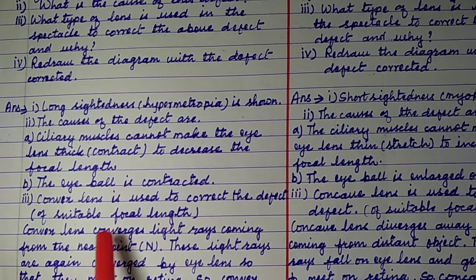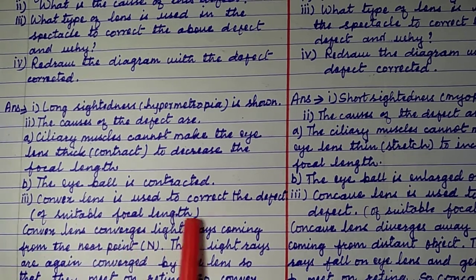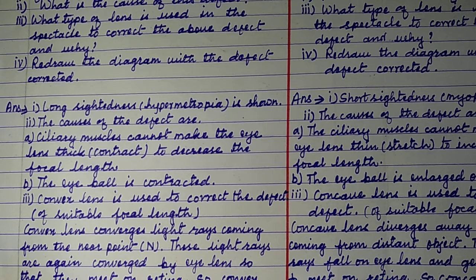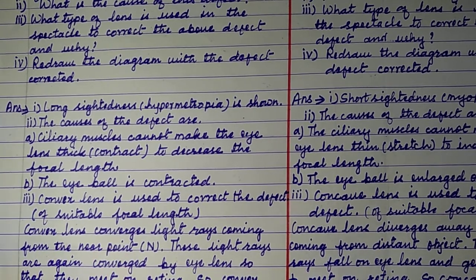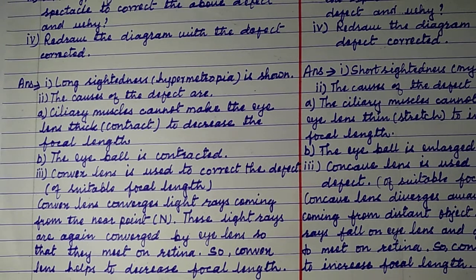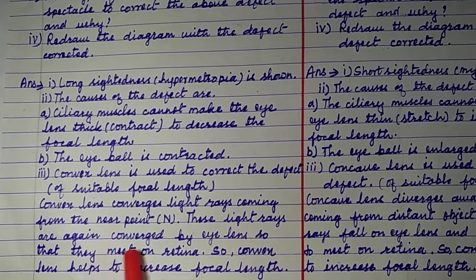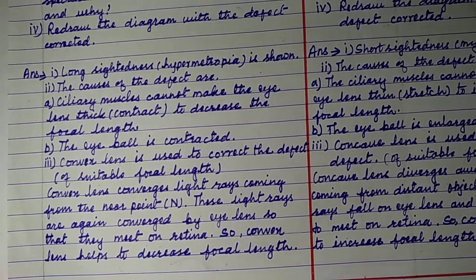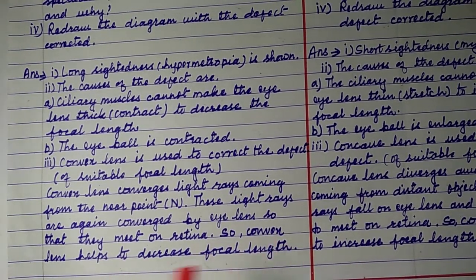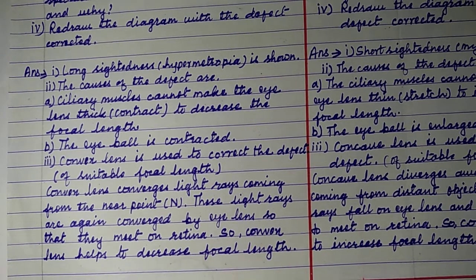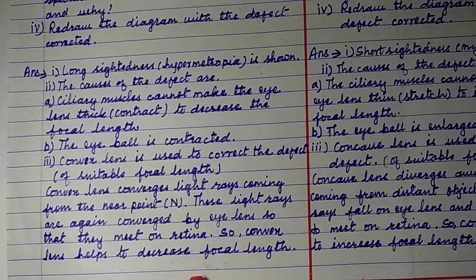And here is the reason convex lens is used to correct hypermetropia or long-sightedness. It is because the convex lens converges light rays coming from the near point, and these light rays are again converged by the eye lens so that they meet on the retina. So convex lens helps to decrease the focal length. The problem is that the focal length is longer.